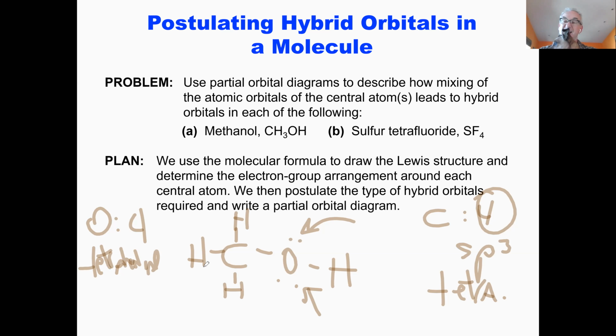Because it's in the tetrahedral geometry group, and it has 4 regions of electron density, what's the hybridization of the bonding electrons on the oxygen?